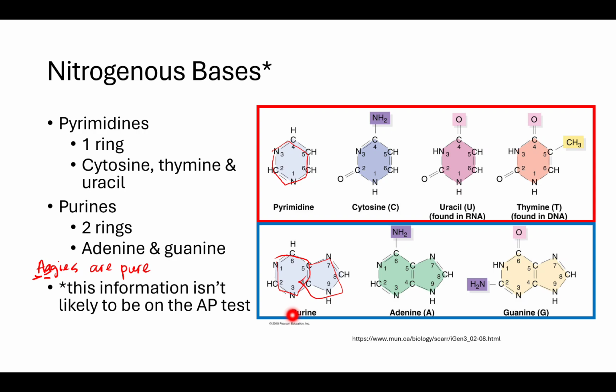I also remember which of these is which by remembering that the longer word goes with the shorter molecule. So pyrimidine, long word, shorter molecule, it's only one ring. And then purine is a shorter word, but it goes with the longer molecule. And if that helps you in the future, hopefully you can remember that.